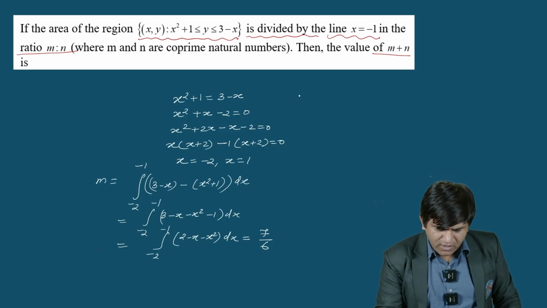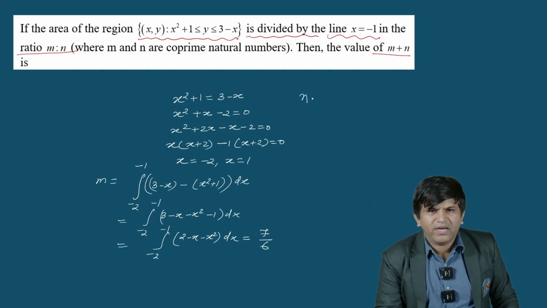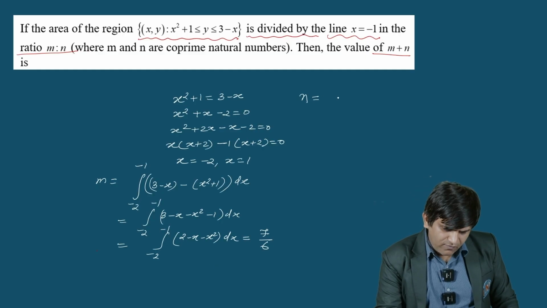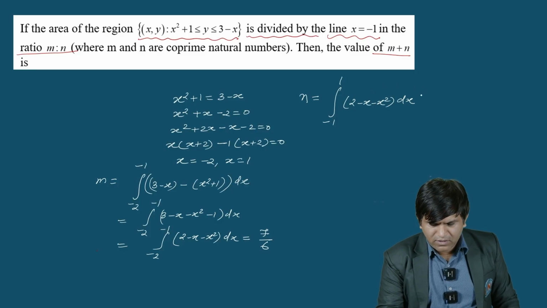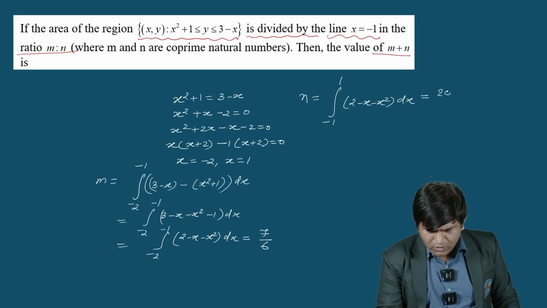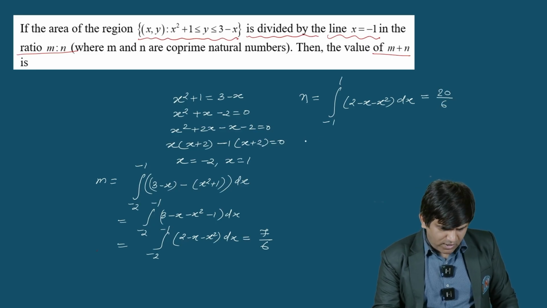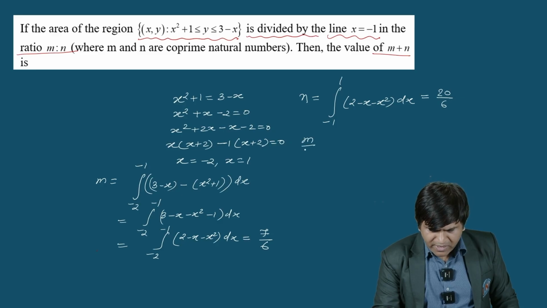In the same way, we can write the other region, which is n. So for n the limits are from minus 1 to 1 of 2 minus x square dx. If we solve this, we get the value 20 by 6. They are asking the m by n ratio.